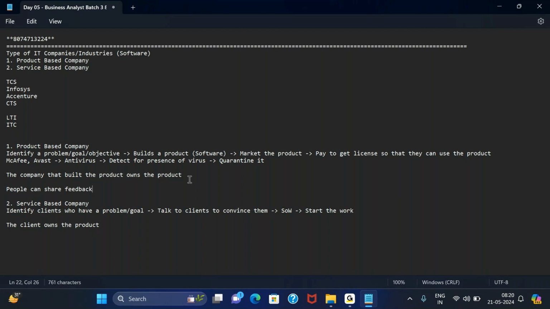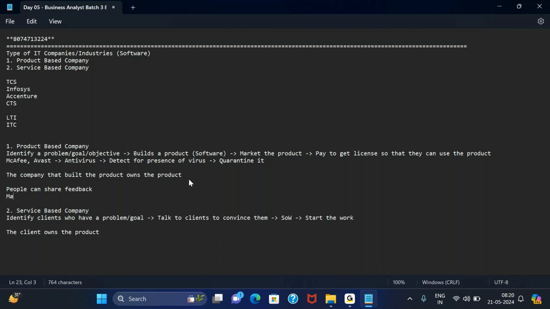That will be one source of input for a product-based company to think about how to enhance the product. The second thing could be market trends, about what's happening in the market recently.